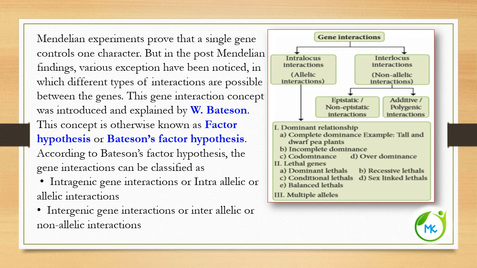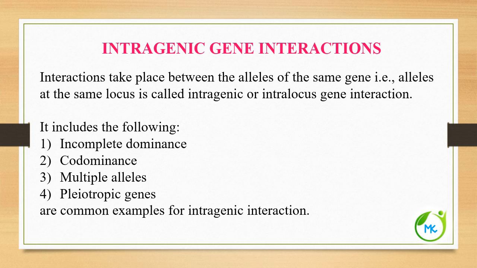So in this video we will learn about intragenic gene interaction. The interactions take place between the alleles of the same gene, that is, alleles at the same locus. Locus is nothing but the point of presence of a gene. Such kinds of interactions are referred to as intragenic or intralocus gene interaction.